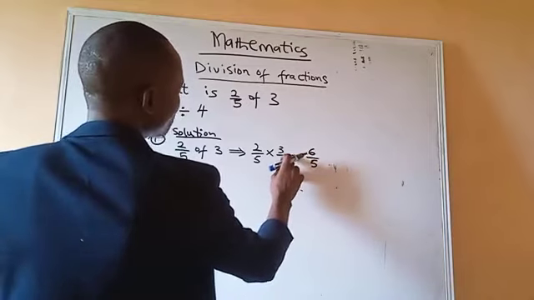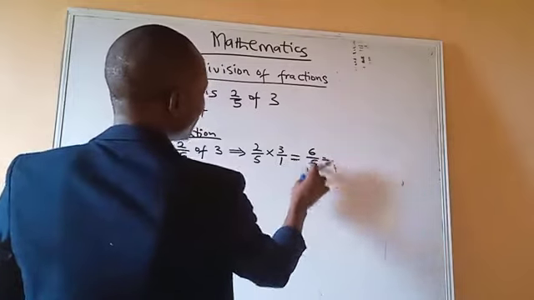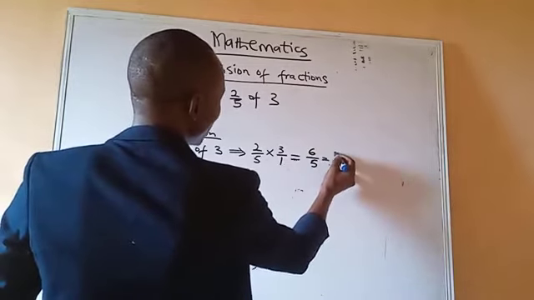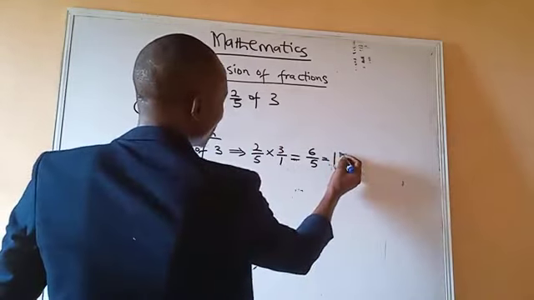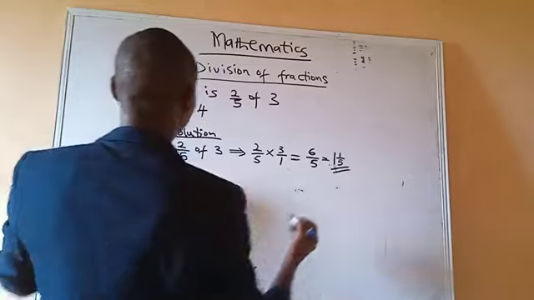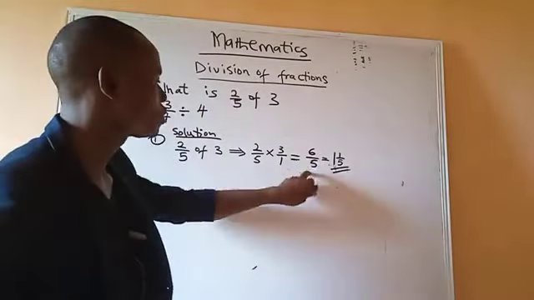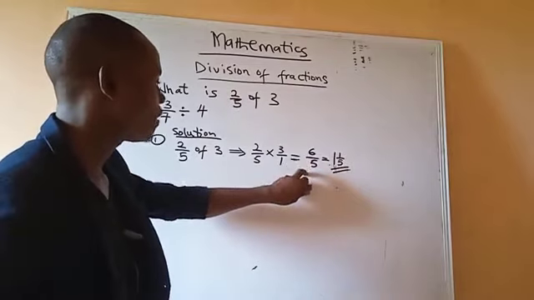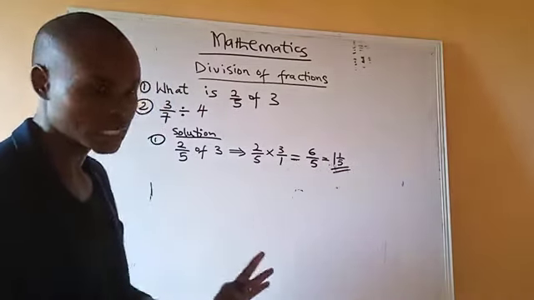I told you when you have an improper fraction, break it down to a mixed fraction. 5 into 6 will give us 1 remainder 1. That is the whole number 1 and 1/5. So this will be the answer: 2/5 of 3 is 6/5, which is 1 whole number, 1/5. Hope you understand that now.